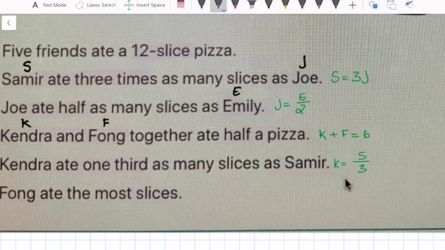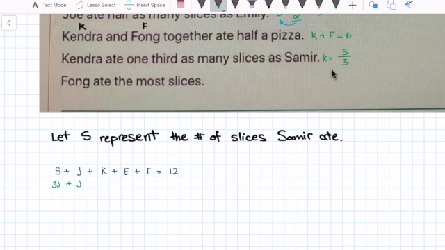Now, when it comes to Emily, what we need to do is move the 2 over. So this will now look like 2j equals e. So over here, we could write down 2j.